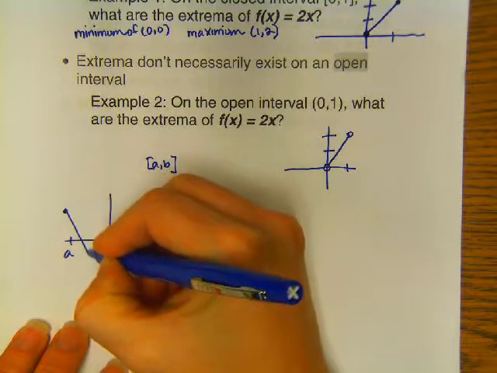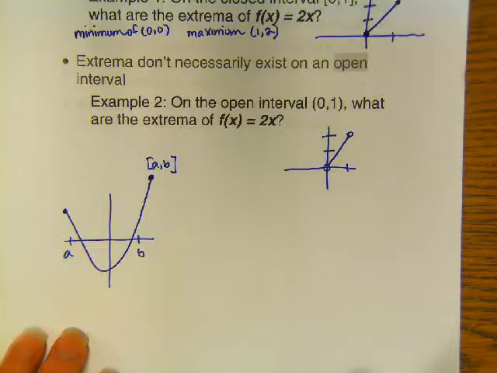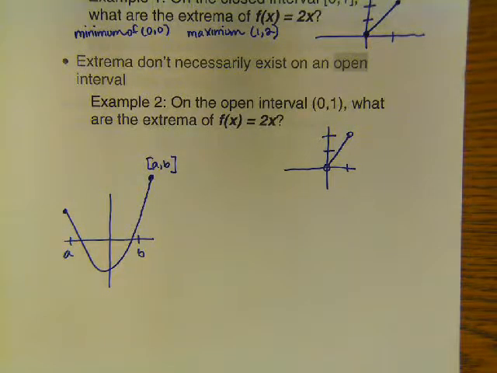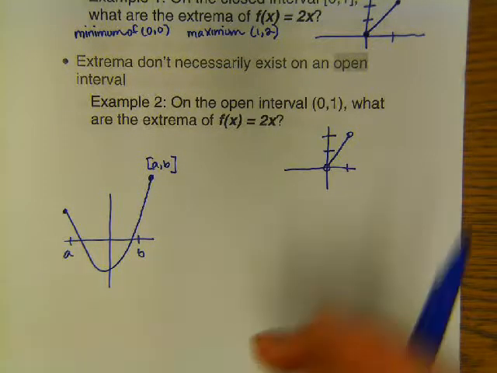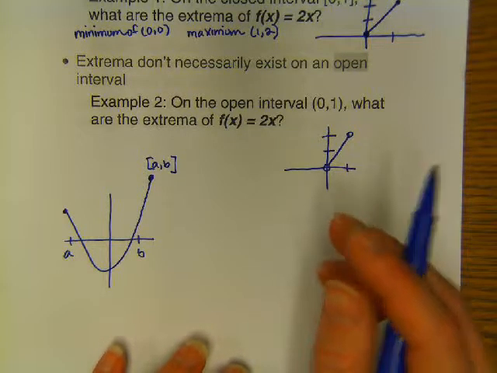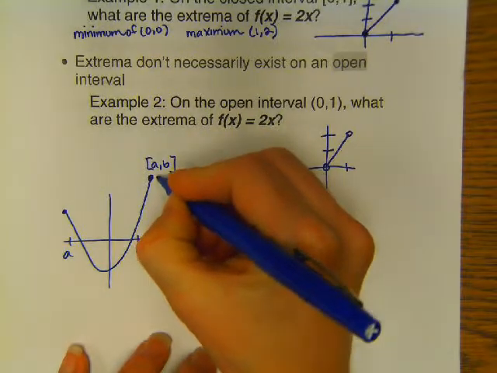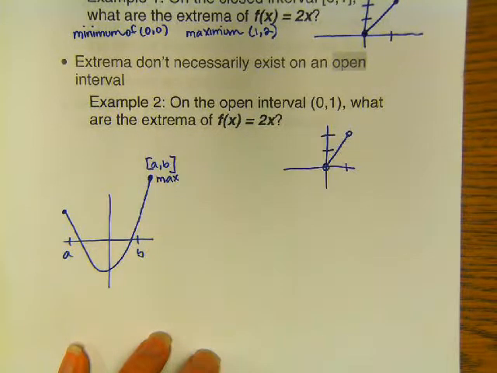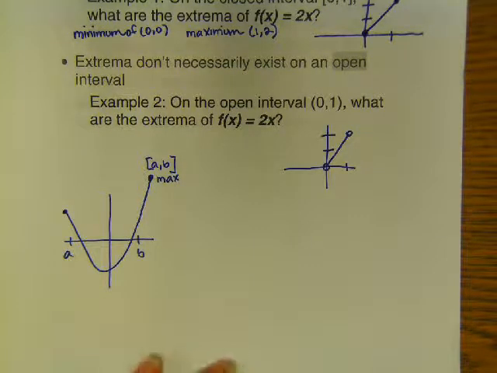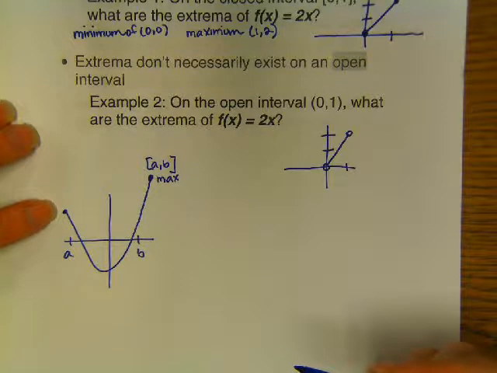In this case, it's a closed interval, and it is guaranteed to have a maximum and a minimum. So we look, and this is the maximum because it's the absolute highest point on the interval A to B. And in this case, this is not the minimum because there is another lower point. So this would be the minimum.